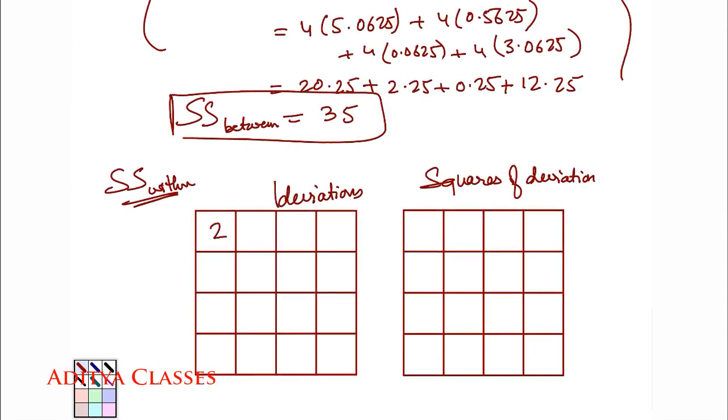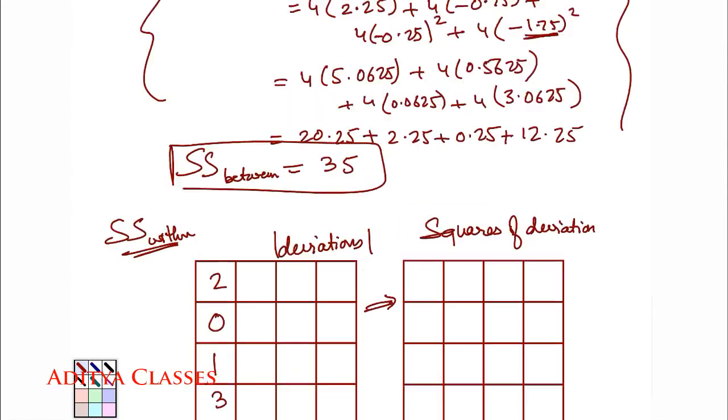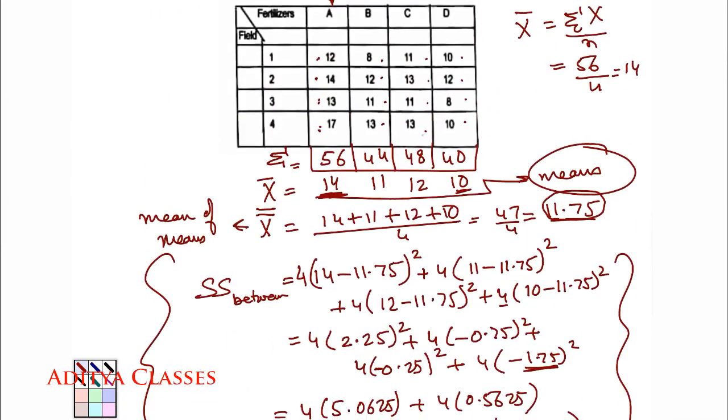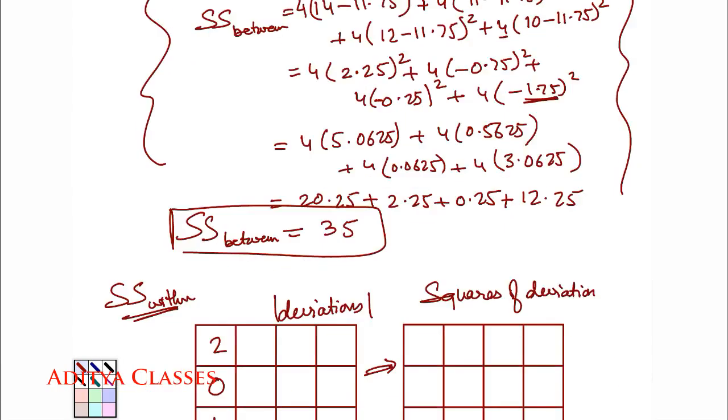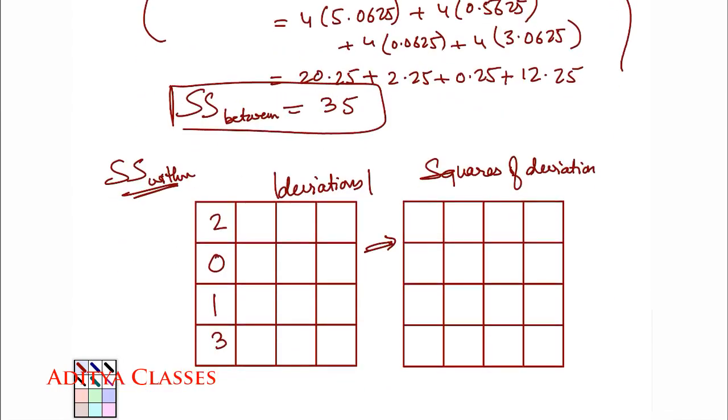I'm just taking modulus values because ultimately I need to square them, so it hardly matters if the values are negative or not. 14 minus 14 would give me a 0. 13 minus 14 would give me a 1, and 17 minus 14 would give me a 3. Next, we have 8 minus 11. I'm taking deviations, individual values minus means. 12 minus 11, 11 minus 11, 13 minus 11. So it becomes 8 minus 11.